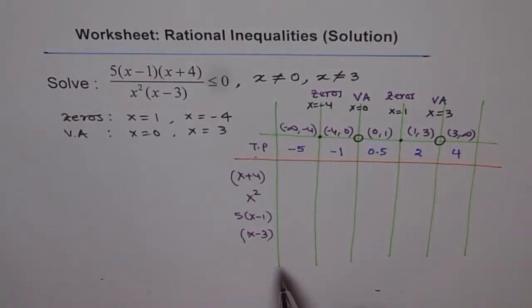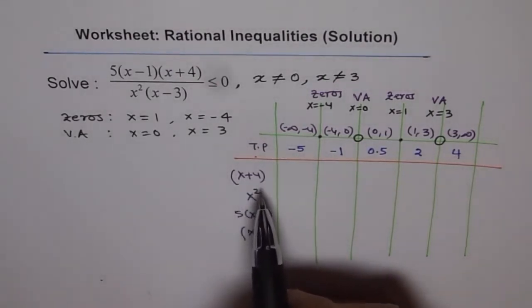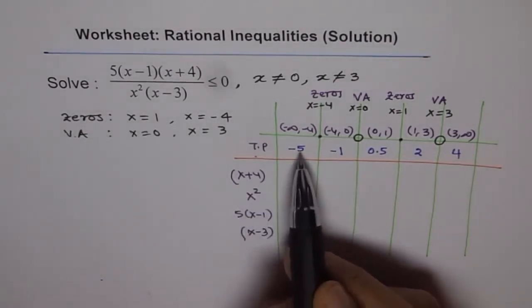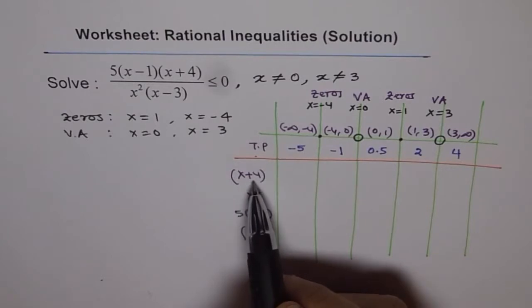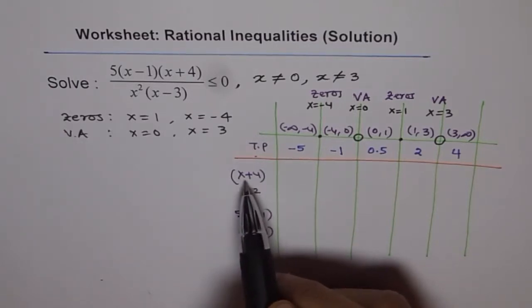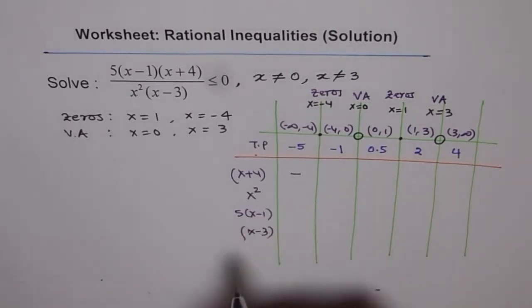Now the step is to test whether it is negative or positive. If I plug in minus 5 here, I get a negative value, which is negative 1, but I'm not interested in 1. I'm interested in whether it's negative or positive. So when I plug in negative 5, I get a negative value, so I write negative here.